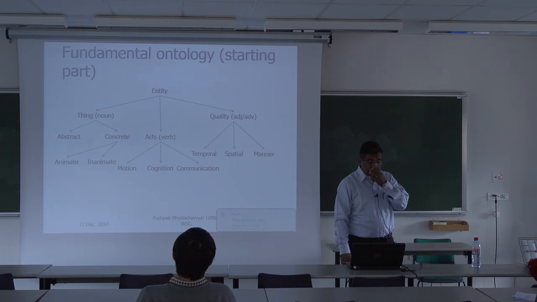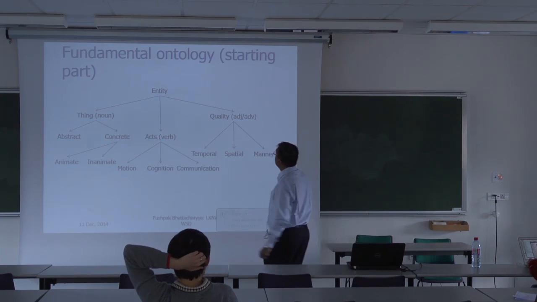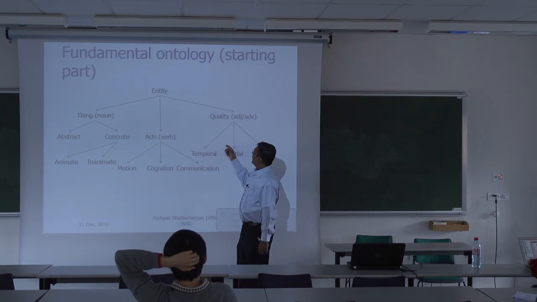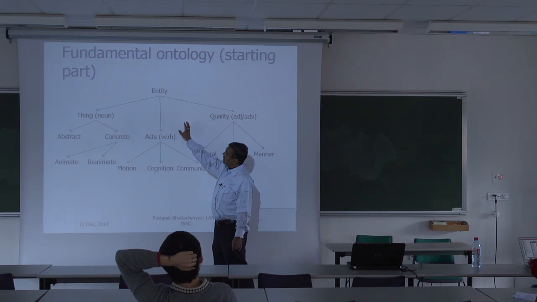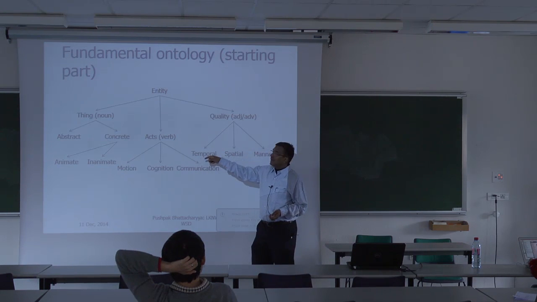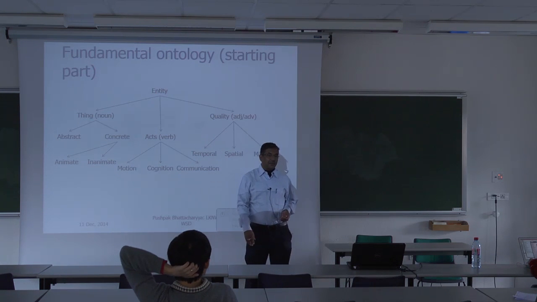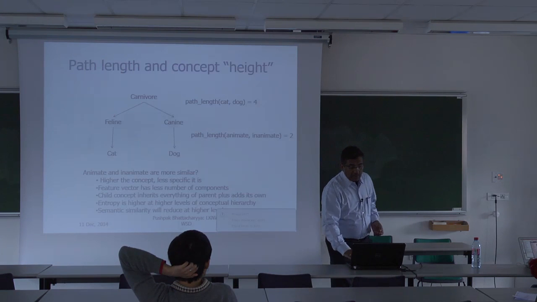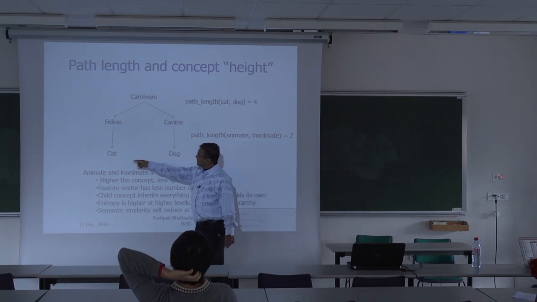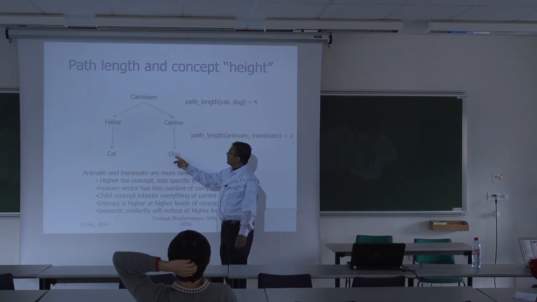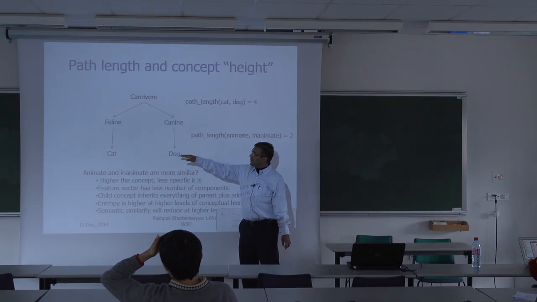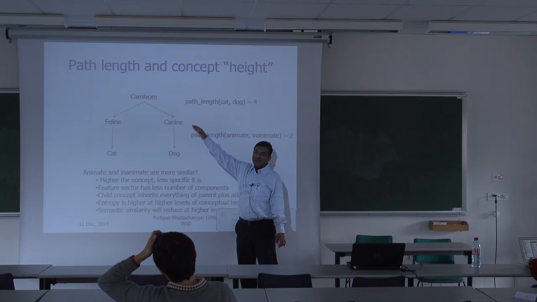Okay. So, the idea of conceptual density is based on a very important principle from ontology, which is that the similarity between two entities depends on their path length, okay, and their height in the ontology tree. To give you an example, the similarity between cat and dog depends on the distance between cat and dog in the ontology tree, but it also depends on the height of cat and dog in the ontology tree.